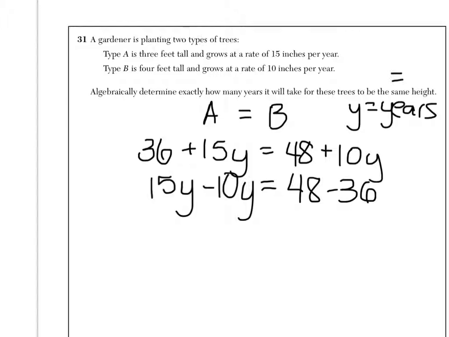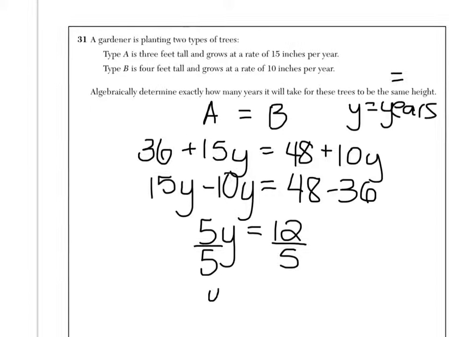Then I'm just going to simply keep going and get 5Y is equal to 12, and divide both sides by 5. So Y is 2 4/10 years.